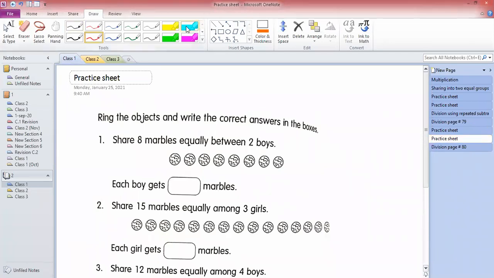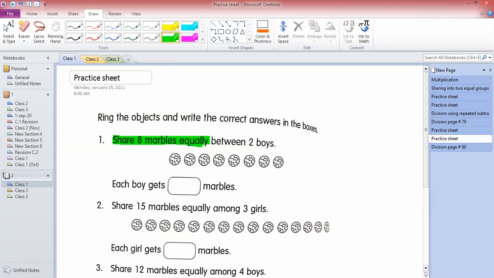Here you can see, guys, there is one more worksheet and there is a question. Ring the object and write the correct answer in the boxes. Here you don't need to write a division sentence. What is the question? Share 8 marbles equally.